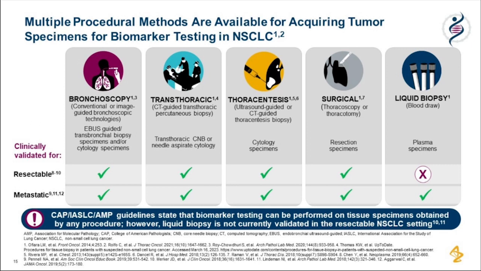Now, when we look at the aspects which are clinically validated, we can see that tissue for both resectable and metastatic is there, but for plasma, resectable is not yet. The CAP, IASLC, and AMP guidelines state that biomarker testing can be performed on tissue specimens obtained by any procedure. However, liquid biopsy is not currently validated in the resectable non-small cell lung cancer setting.